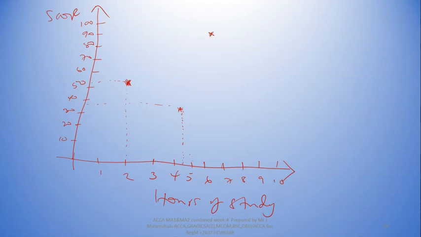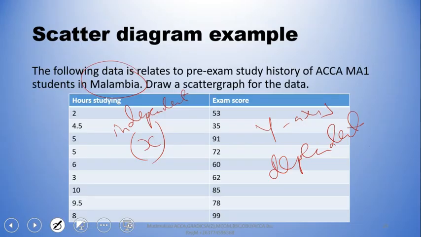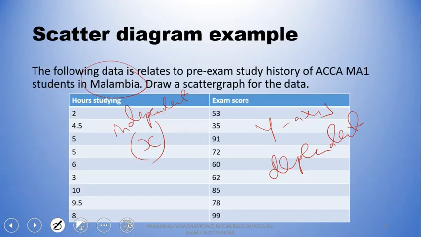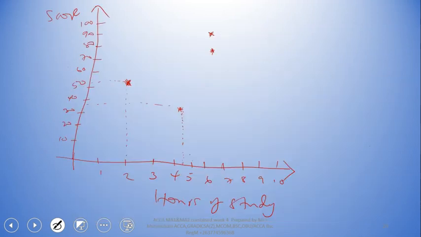Okay. Then if you study 5 hours again, you get 71, down here. And then 72. And then the other one is 6 hours, you get 60, somewhere here.